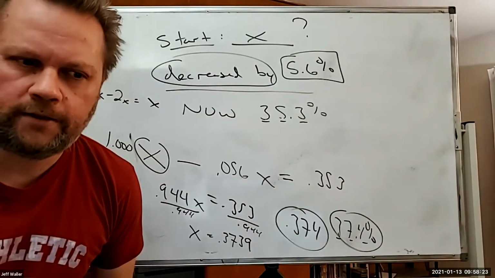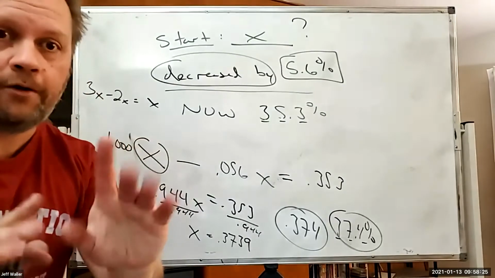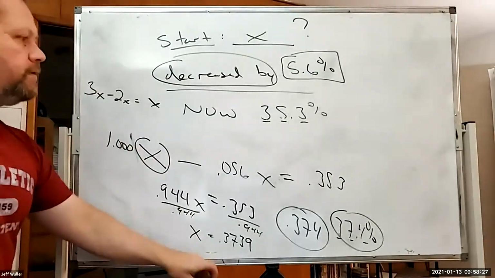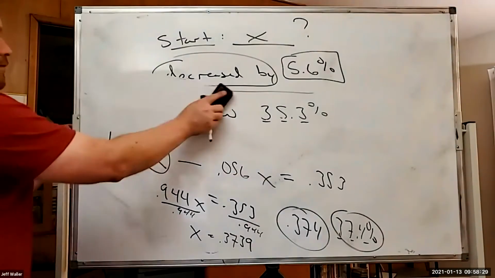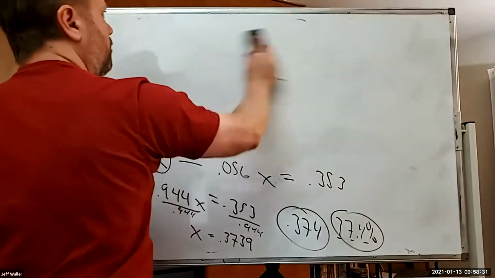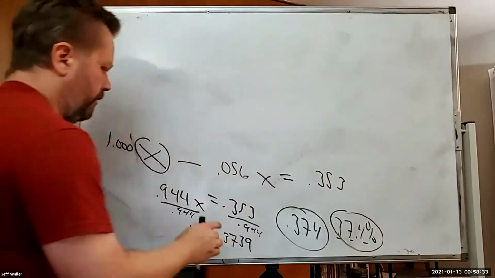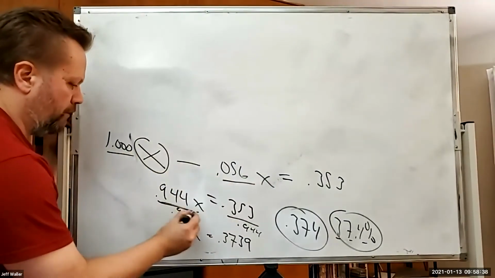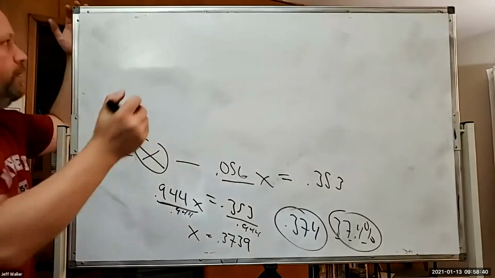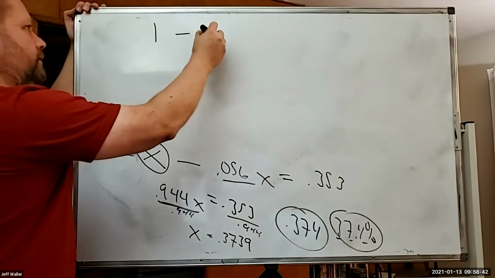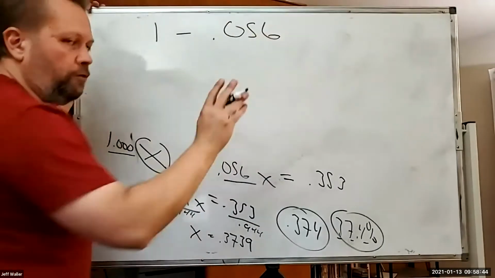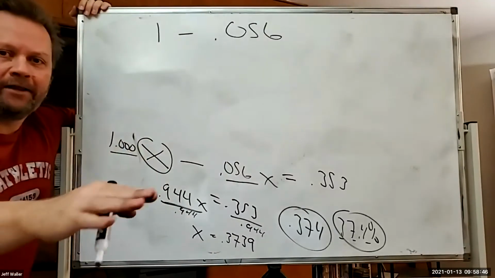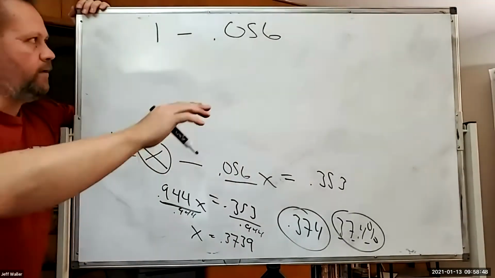What was the other point I wanted? Oh, now watch this. This is going to come up a few times. You probably think, well, you should be able to do that in your head. But how do I do 1 minus any decimal? I know you have a calculator. Watch this.